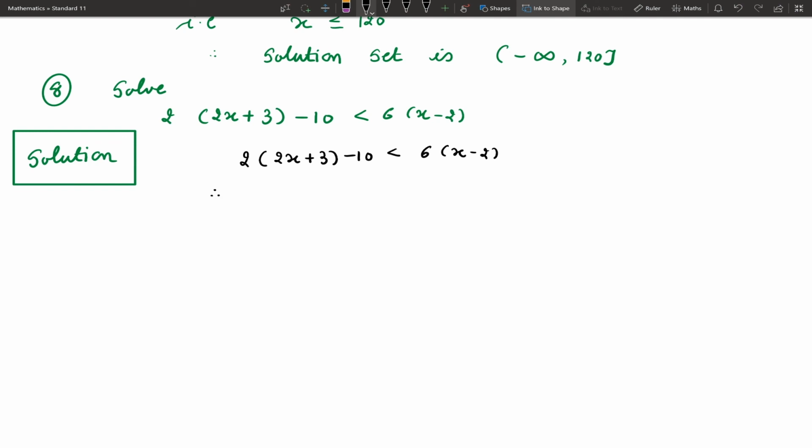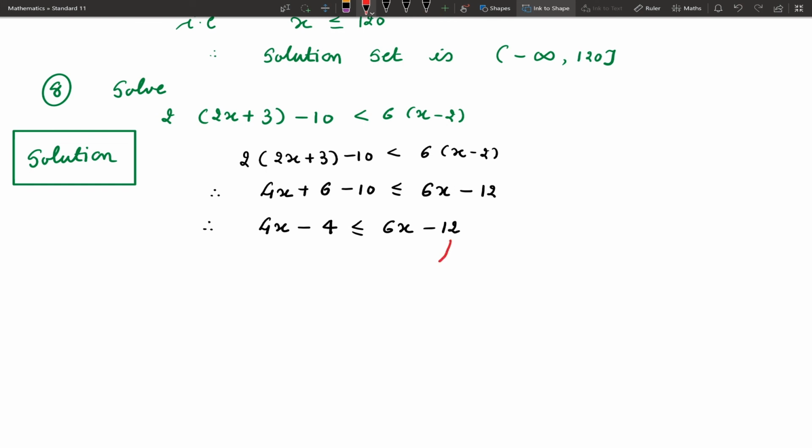Therefore, 2 into 2, 4x, 2 into 3 6 minus 10, just you expand the bracket, simplification. This is 6 into x, 6x, 6 into minus 2, so minus 12. Again we simplify. This is 4x plus 6 minus 10 less than 6x minus 12.